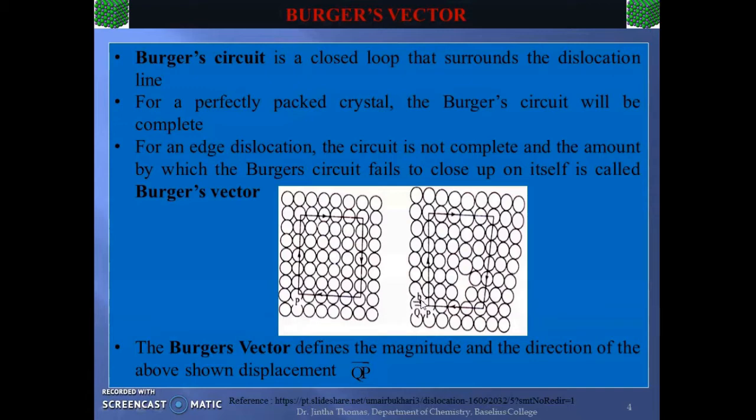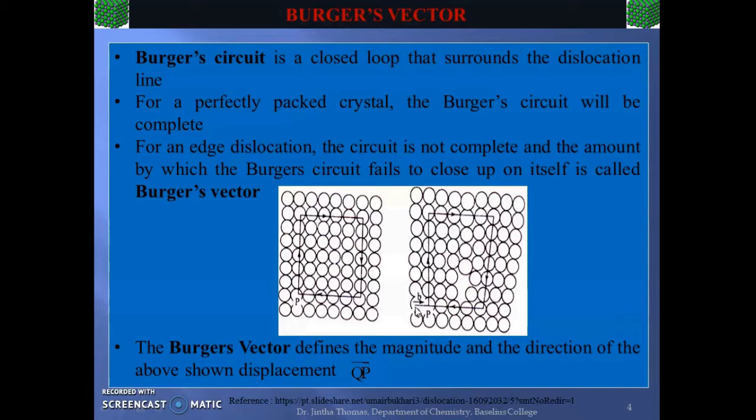Therefore, we can conclude that for a crystal system containing an edge dislocation, the Burger circuit is not complete, and the amount by which the Burger circuit fails to close up on itself is called the Burger's vector.